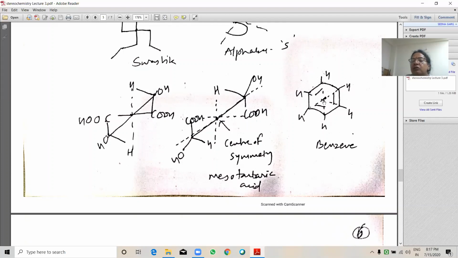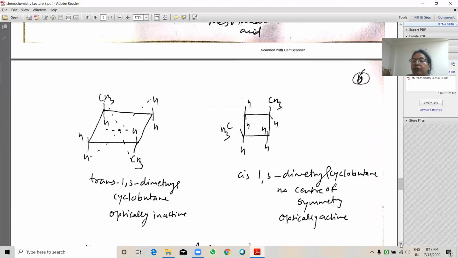The benzene ring also has a center of symmetry. That's why it is also an optically inactive molecule. Trans-1,3-dimethylcyclobutane also has a center of symmetry, so it is optically inactive. Whereas cis-1,3-dimethylcyclobutane does not have a center of symmetry, so it is an optically active molecule.